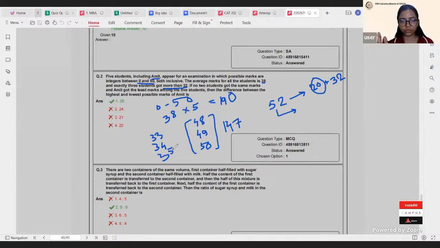So 33, 34, 35. So it comes out to be 102. This is basically 88.